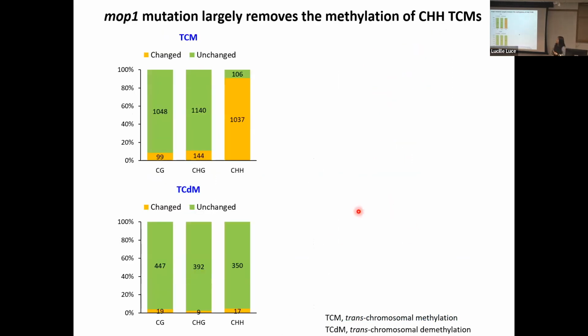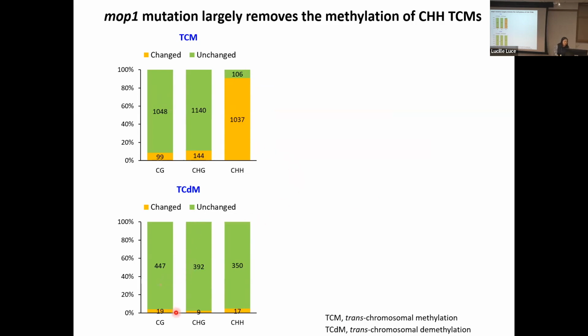We also checked the MOP1 mutant effects. We find that this mutant mainly functions on CHH methylation. In the mutant, looking at the TCM DMRs, out of 1,040, probably 1,043 TCM DMRs, more than 90% had their methylation removed. Even if you gain methylation in your F1, the methylation is removed by the MOP1 mutant.